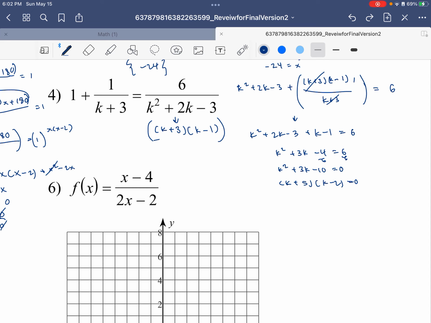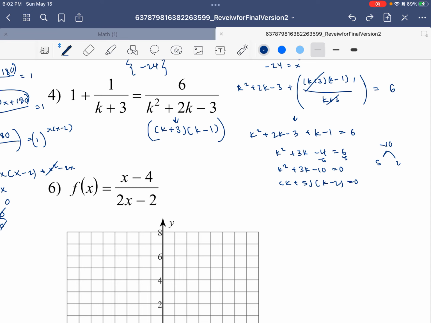You can factor it out like this by looking at the last term. So in this case it's negative 10, and then thinking about the factors of it. In this case I used 5 and 2. And then you want something that adds to make your middle number, and obviously it's going to multiply to make this, and so we know we need one positive and one negative to multiply to make this negative number.